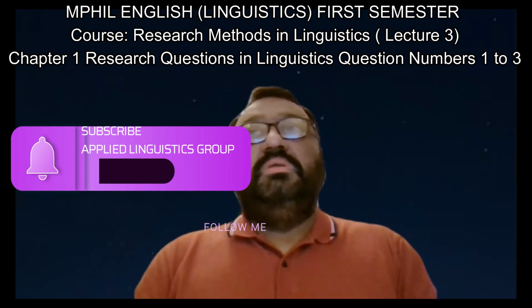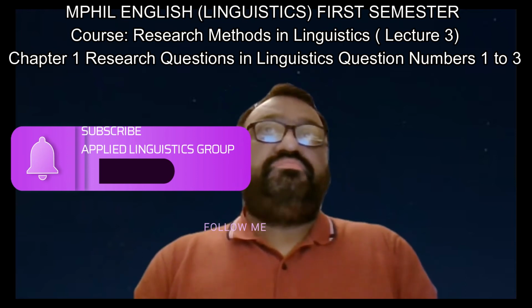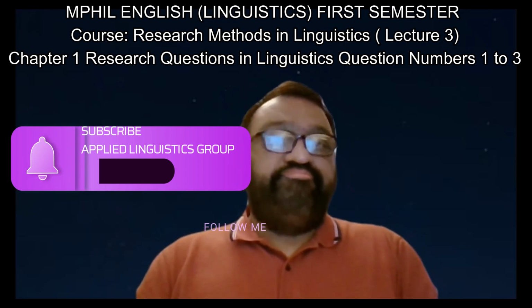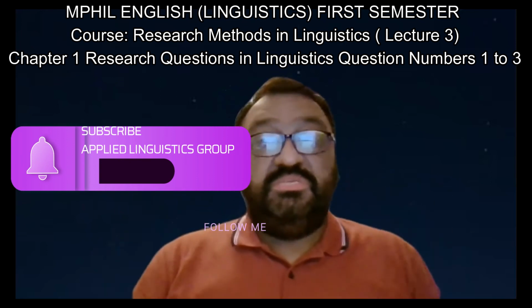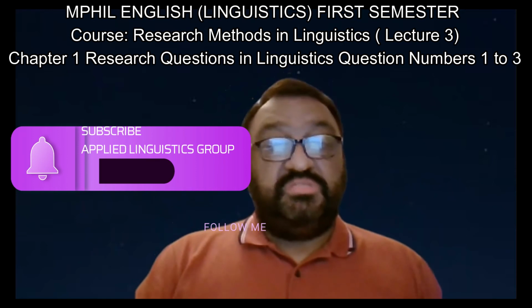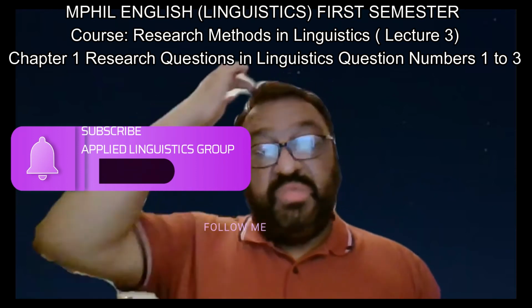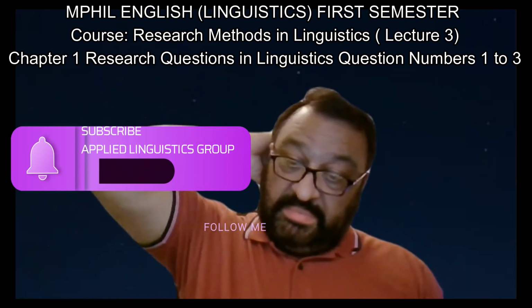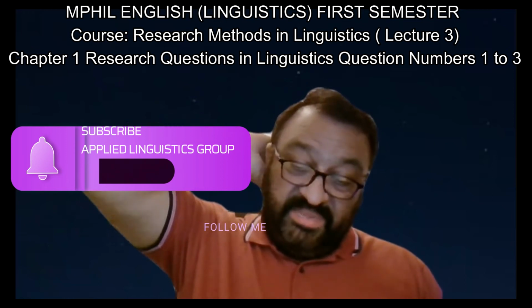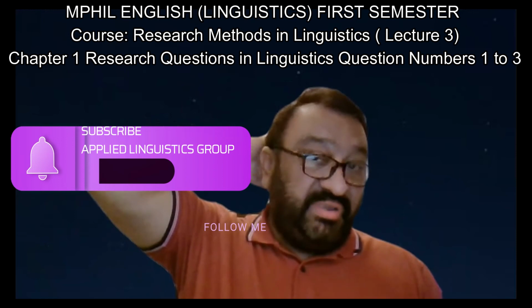Okay, now the third question: research questions, topics, and puzzles. This is very important. This is the third question of this chapter. When asked what the research question is, many students cannot reply because they don't have any idea.